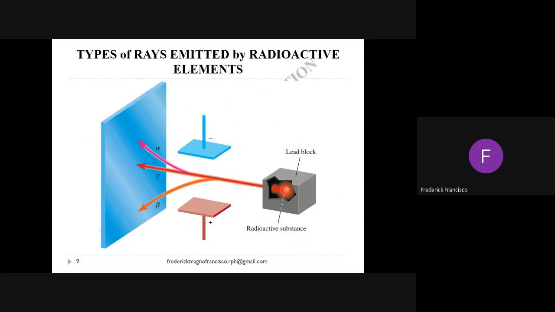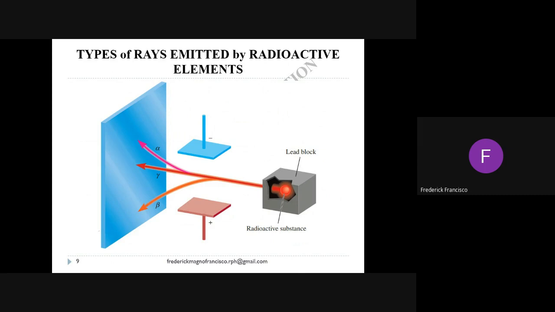Three types of rays are produced by the decay or breakdown of radioactive substances such as uranium. Alpha rays consist of positively charged particles called alpha particles.